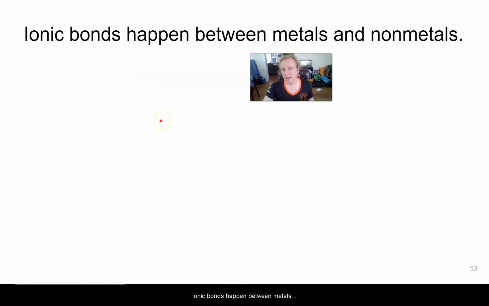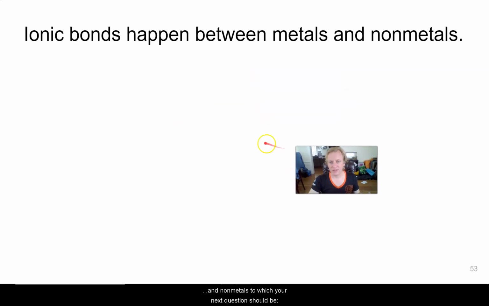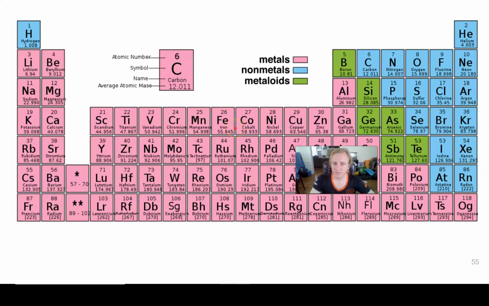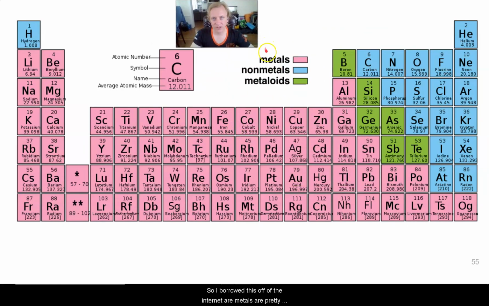Ionic bonds happen between metals and nonmetals, to which your next question should be, wait, sure, but how do we know what's a metal and how do we know what's a nonmetal? So I borrowed this off of the internet. Our metals are pretty much everything on the left here.